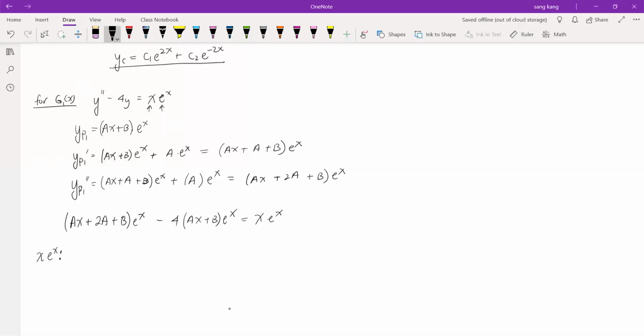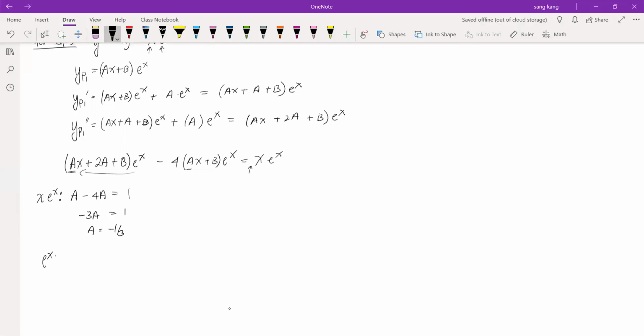Doesn't matter what order you do it, but I'll do this one first. So my x e to the x, I have a here, right? If I distribute this e to the x in here, it'll be that. And I have this negative 4a here. So a minus 4a, that'll equal this 1. So minus 3a equals 1, therefore a equals minus 1/3.